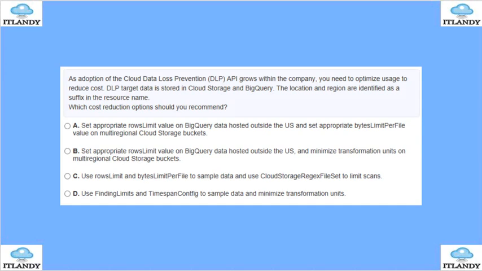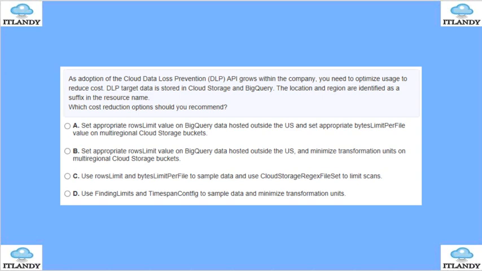You can set an appropriate row limit value on BigQuery and apply a bytes limit per file, or set an appropriate row limit value, the same as A, outside the US, and minimize the transformation. We're talking about the whole entire deployment, so A and B don't sound right. Use a row limit and byte limit per file to sample data and use a Cloud Storage regex. That sounds right, rather than using a finding limit and time span.